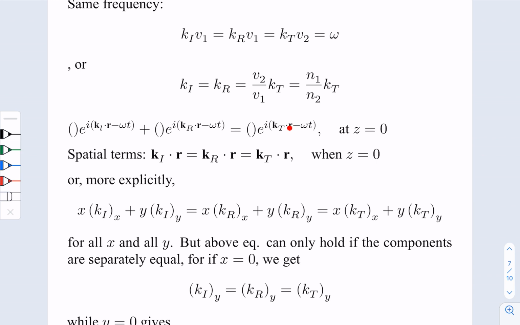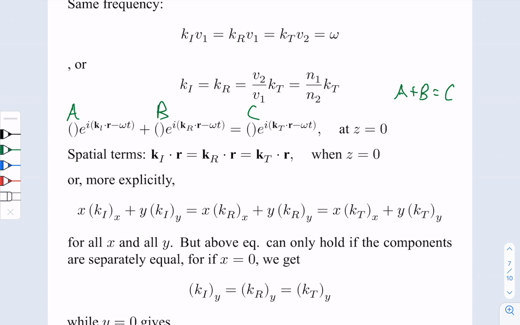If these three terms are not exactly the same, then imagine that you set this as a plus b. If at one point you magically find a plus b equals c, and then you slightly shift your position in the plane of the boundary, then this equation might not be satisfied because this can introduce a slightly different phase.